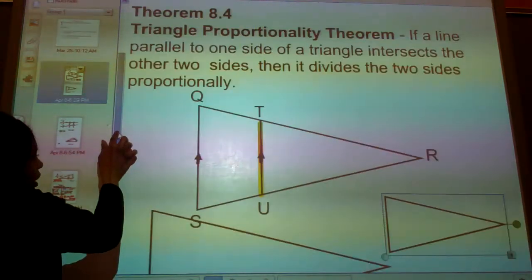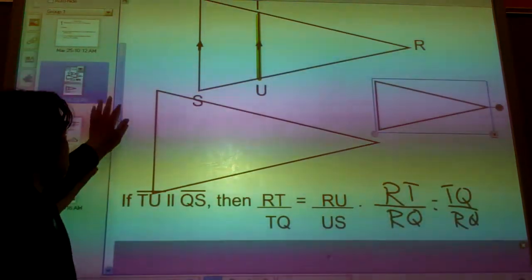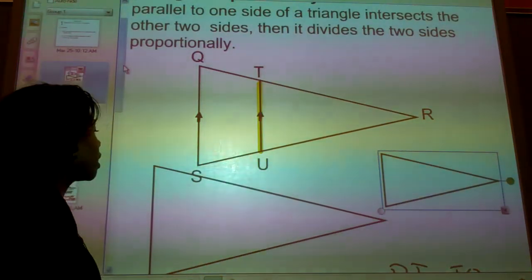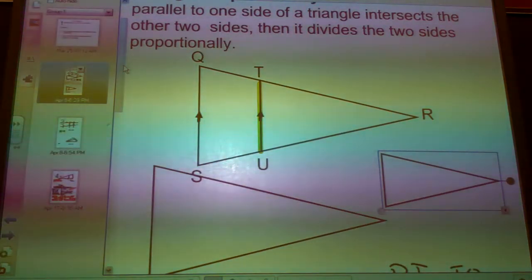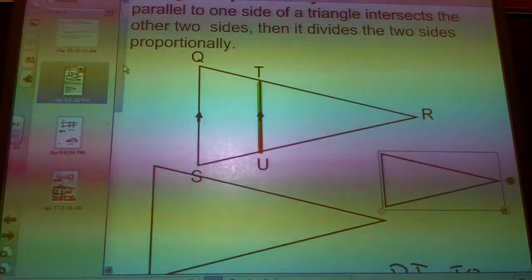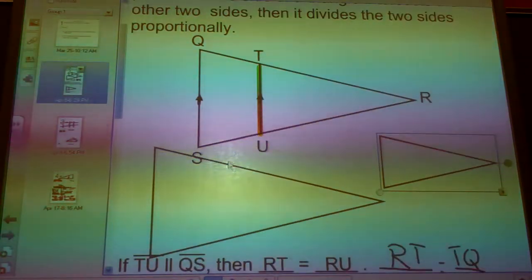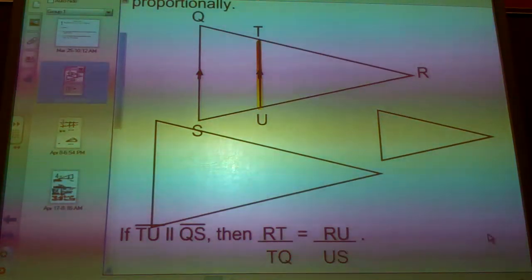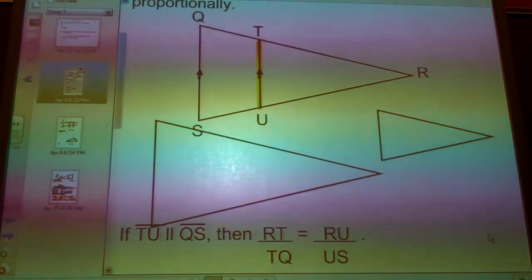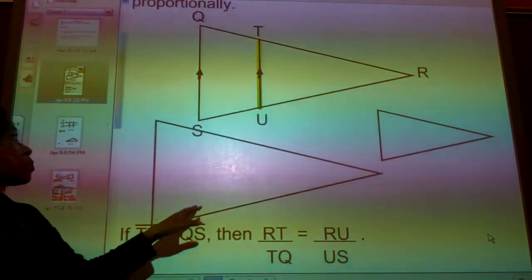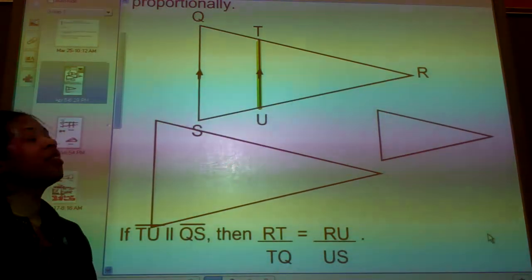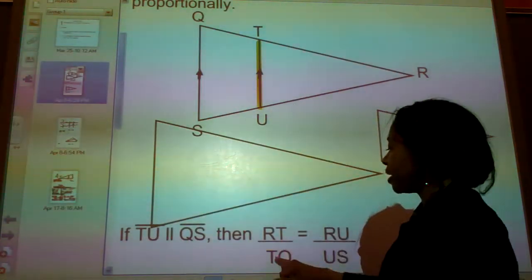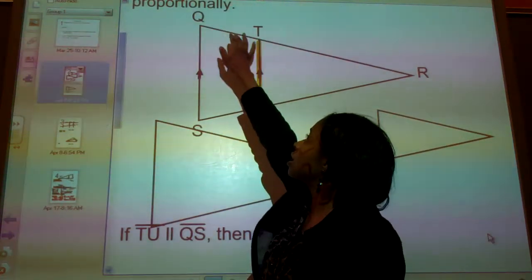Well, if I write it all the way out, I'm going to come back over to the computer. If I have segment TU parallel to QS, then that automatically means that line segment RT is going to be directly proportional to TQ.